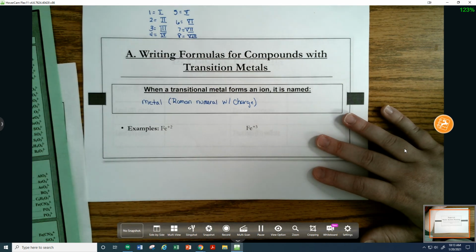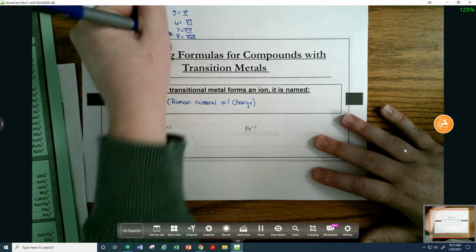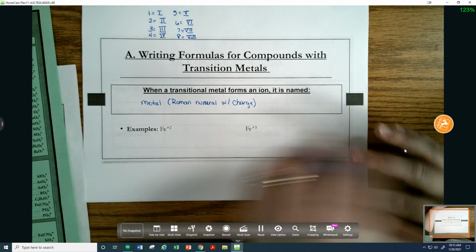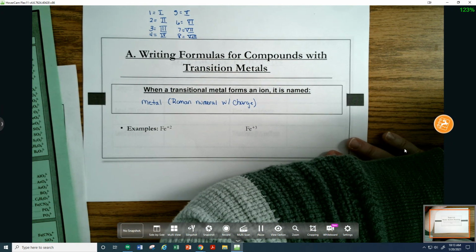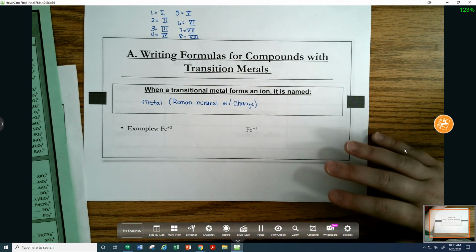And for the most part, that takes care of our charges. There aren't many transition metals that really go past 5. A lot of them are in the 1, 2, 3, or 4 range. So just a refresher on that.